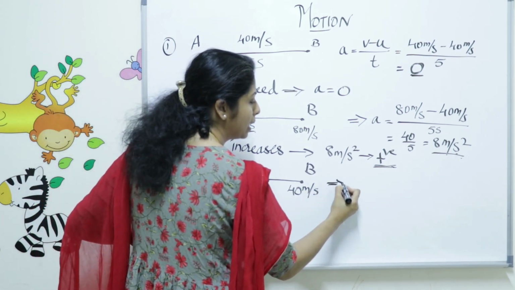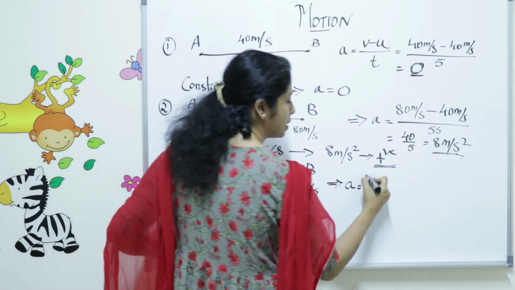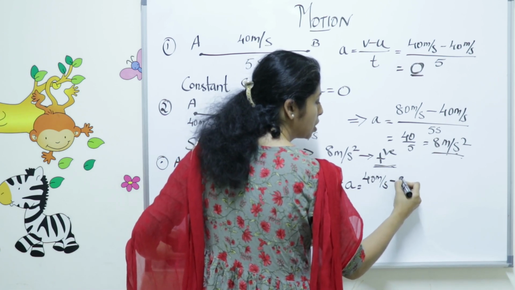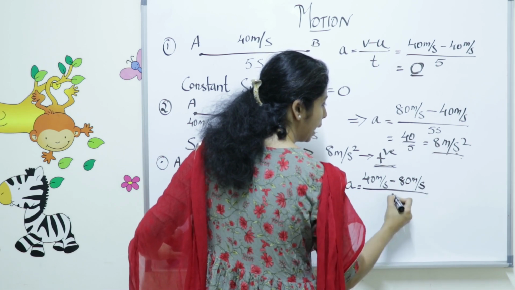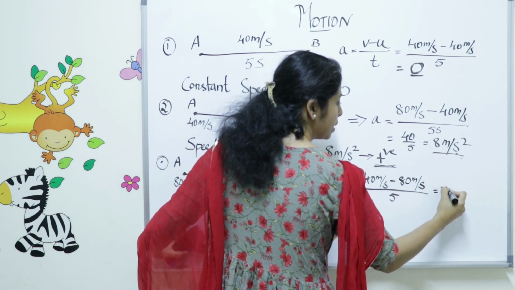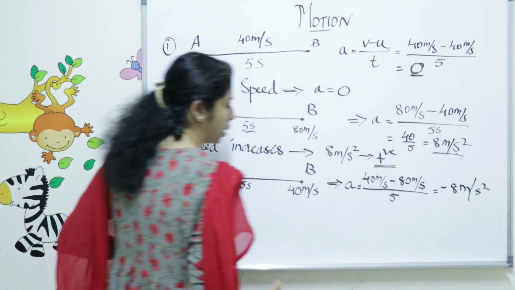Now, what will be the acceleration? Acceleration is equal to the final velocity, 40 meter per second, minus the initial velocity, 80 meter per second, divided by 5, which is minus 8 meter per second square.